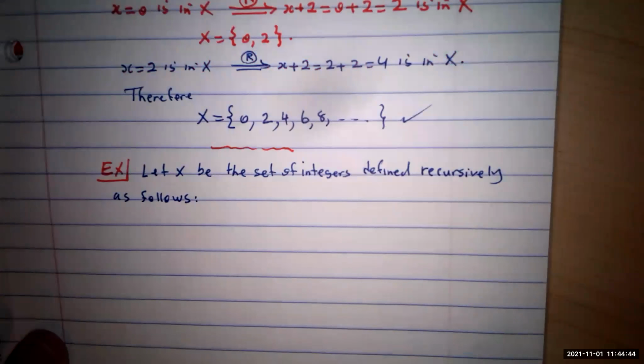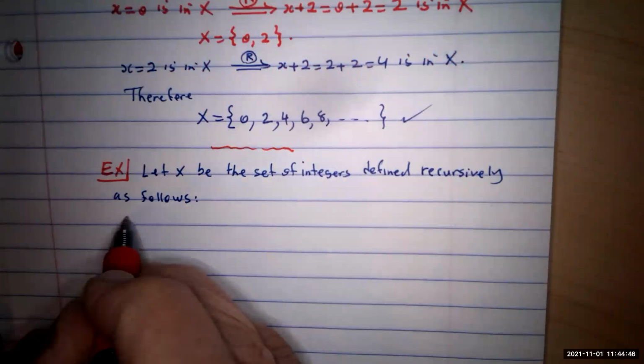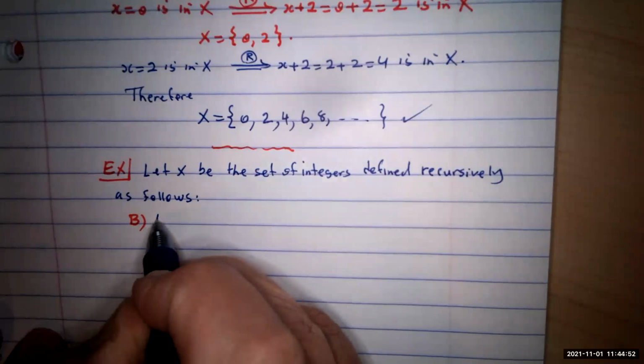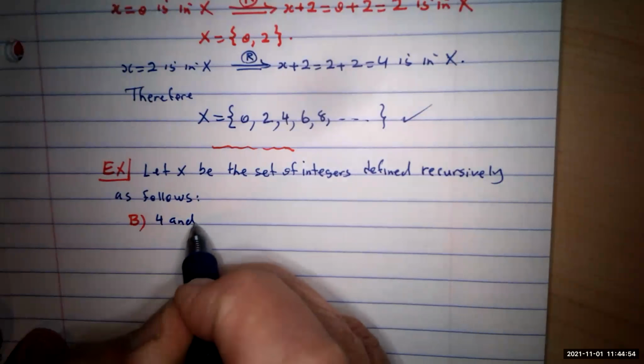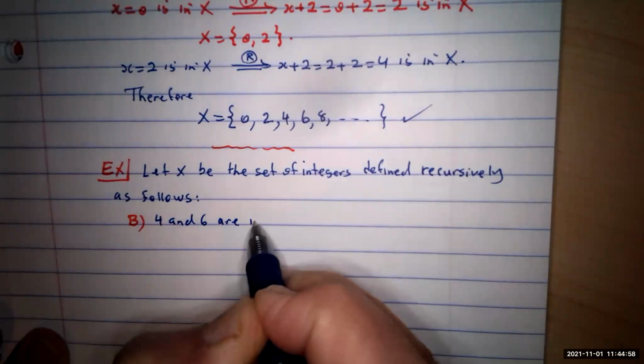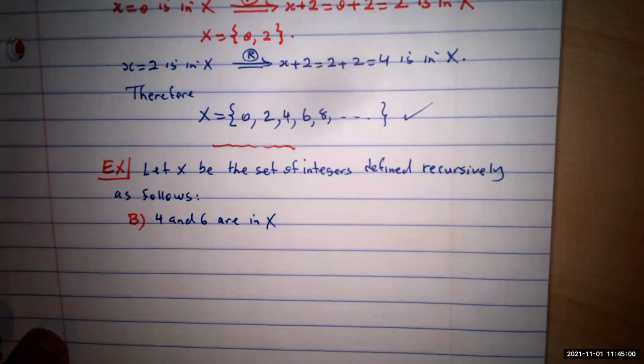Let's see what this one is. You see the basic part. The basic part is 4 and 6 are in X. They give us 2 elements in the set. That's better.